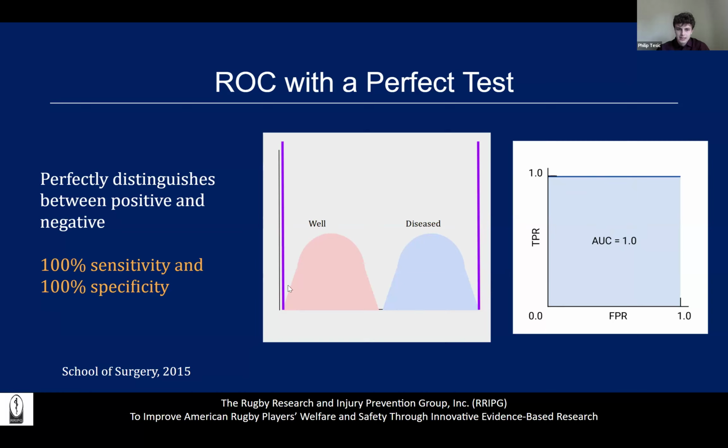For example, right here, we could say if the value is to the right of this cutoff point, then we label them all as diseased. Here we would have a 100% true positive rate because we would label all the diseased correctly. However, we would also have a 100% false positive rate, in which we label all of the well cases incorrectly. And this would also occur all the way to the right with our cutoff value here. That is how we would get an ROC curve that is completely square and reaches the maximum value of 1.